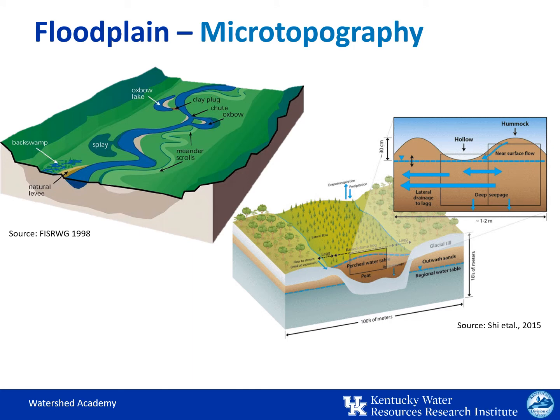Finally, if we're talking about the addition of habitat within the floodplain, microtopography is very important to allow for a variety of habitats that are there. Under a natural channel formation, sometimes meanders are cut off and they form small lakes and levees that can create wetlands.